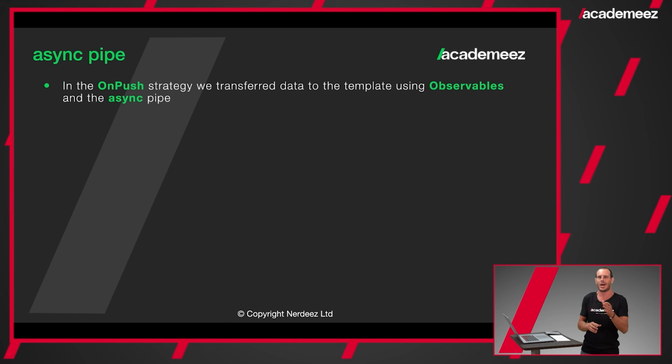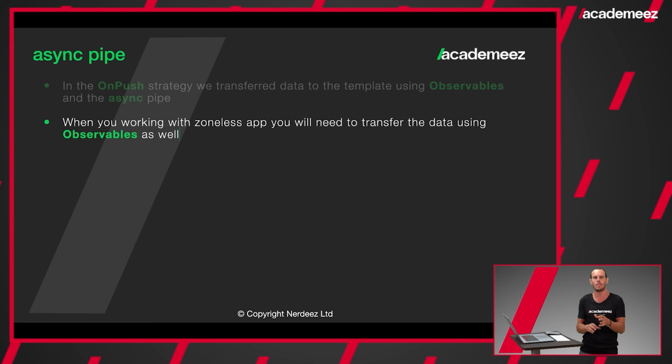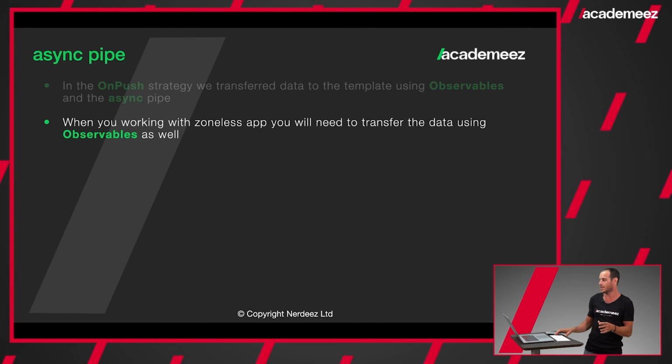Now the same rule applies also to Angular working in zoneless. So in zoneless mode, you will also transfer data to the template using observables or subjects or behavior subjects or promises, and connect them with a pipe. So let's try to use the async pipe in an Angular zoneless app.